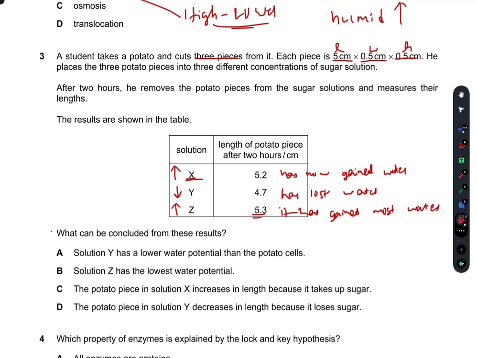So now some of you might say, why do not sugars move in and out?